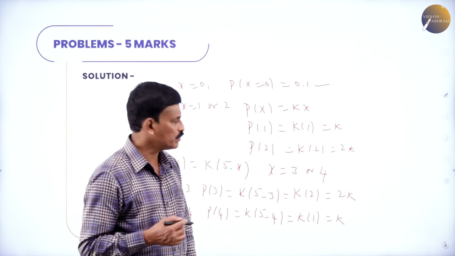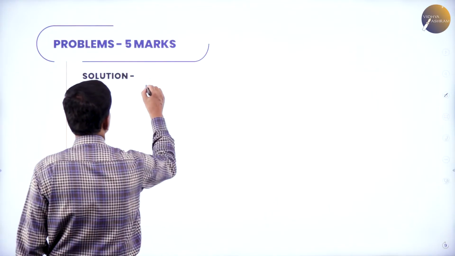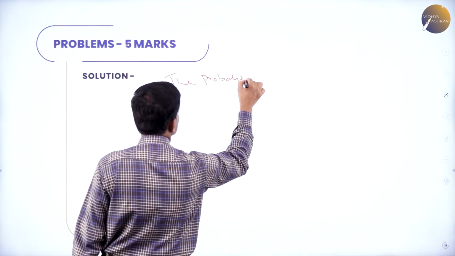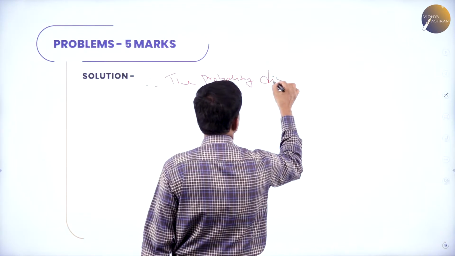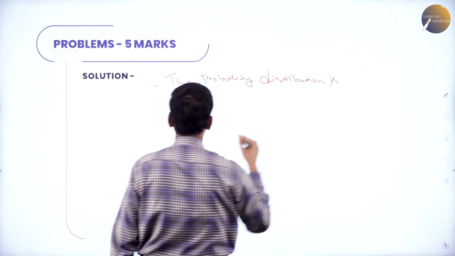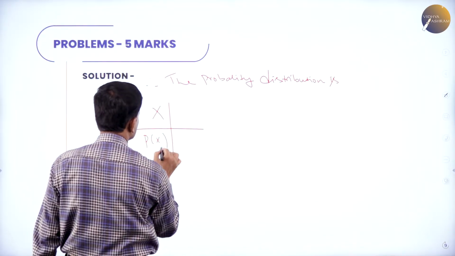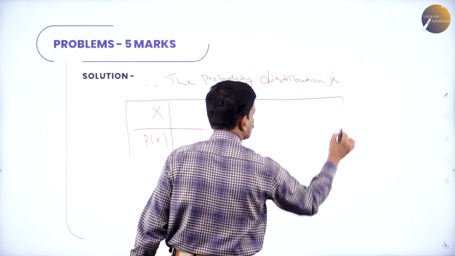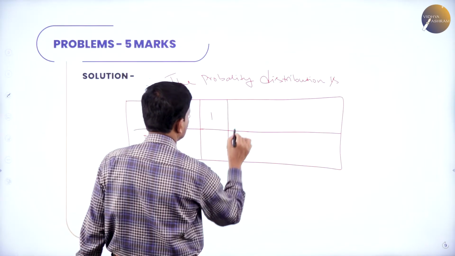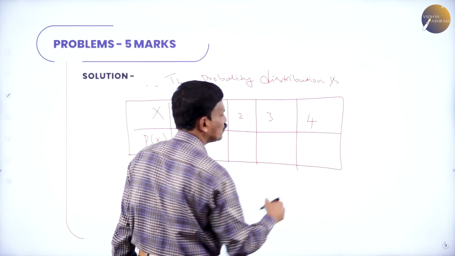Now let us put the probability distribution. The probability distribution is x and P(x). x takes the values 0, 1, 2, 3, 4.